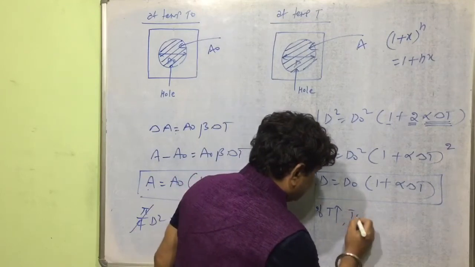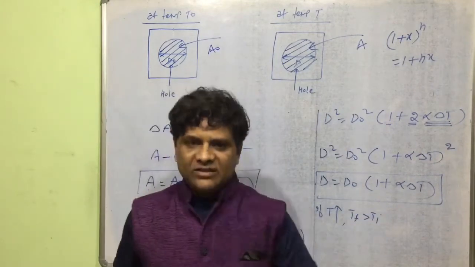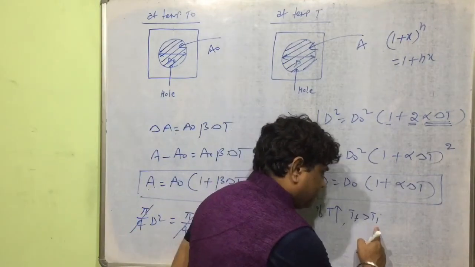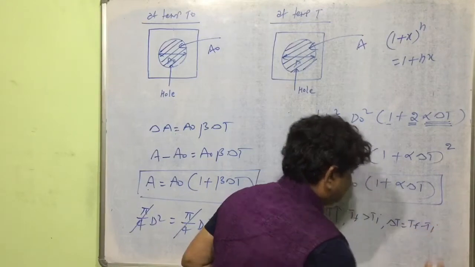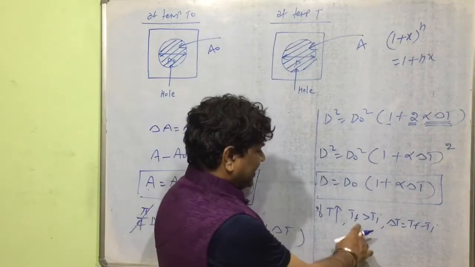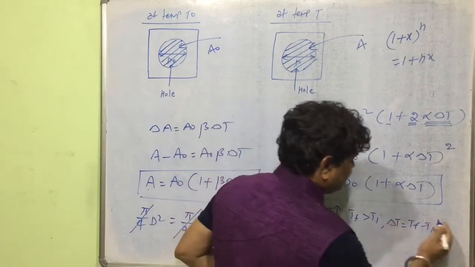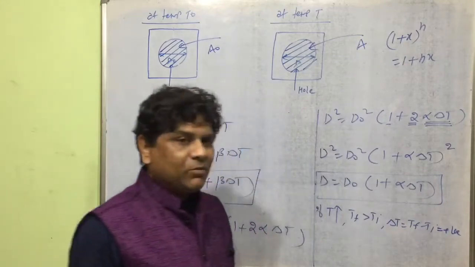Here T final will be greater than T initial. And what is delta T? Delta T is always T final minus T initial. If the final temperature is more than the initial temperature, then delta T will be positive.